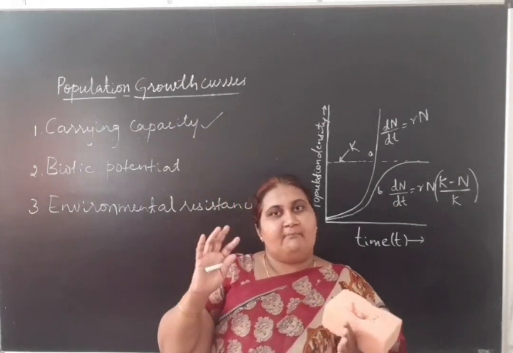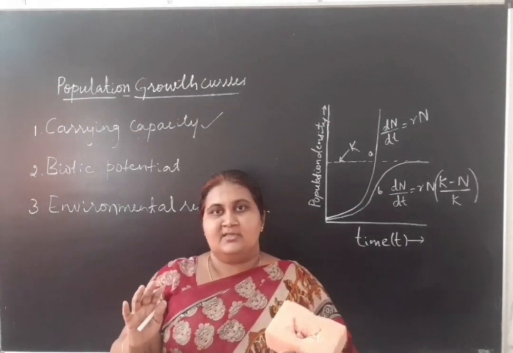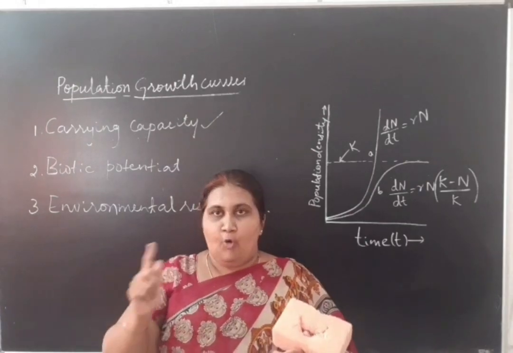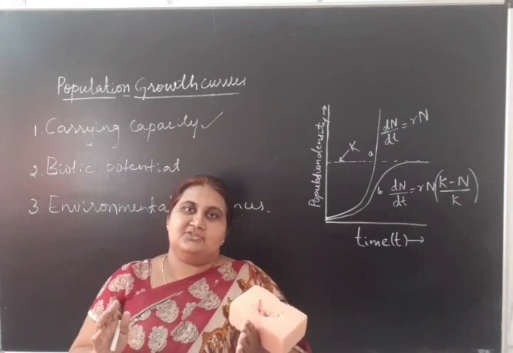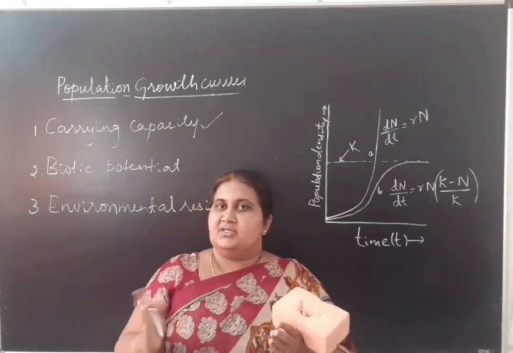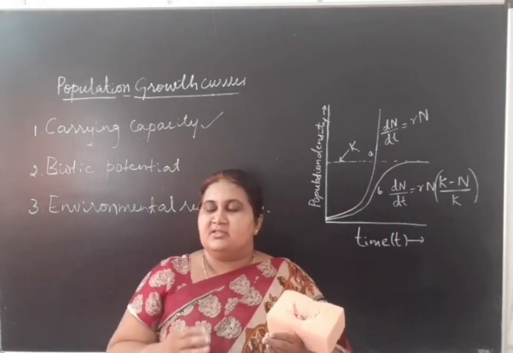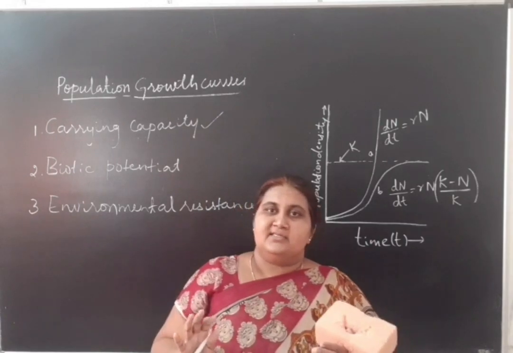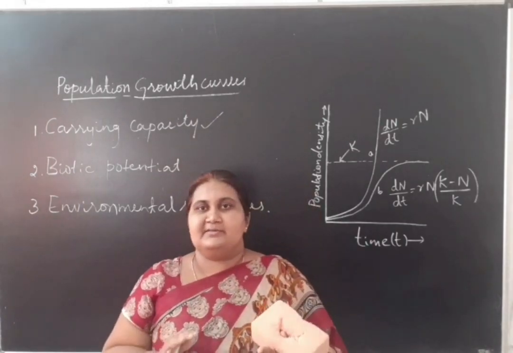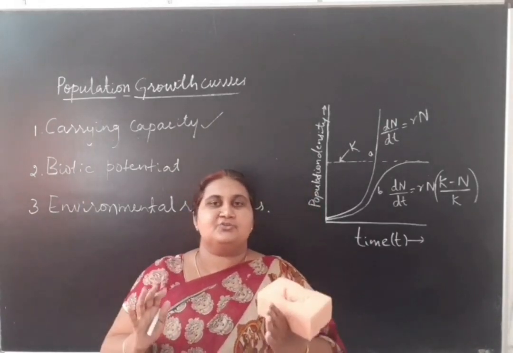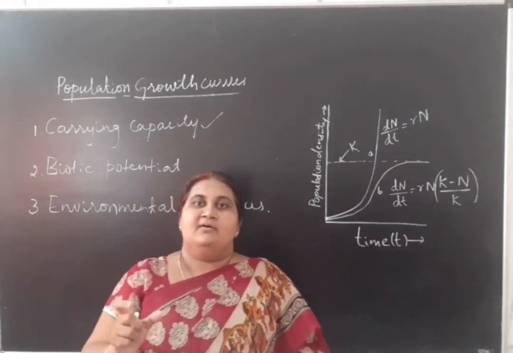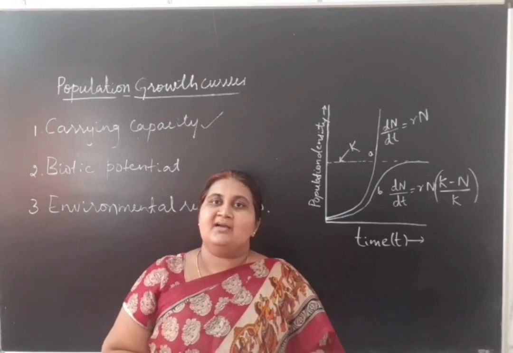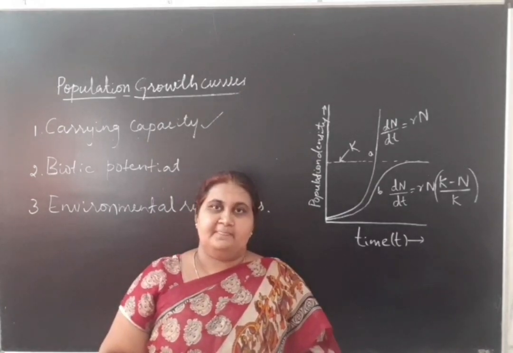There should be the maximum number of individuals within a population, and all the individuals should get the natural resources. So there should not be competition, there should not be a predator effect, and space should be available for living. For healthy living, it should get all natural resources. That level is called carrying capacity.